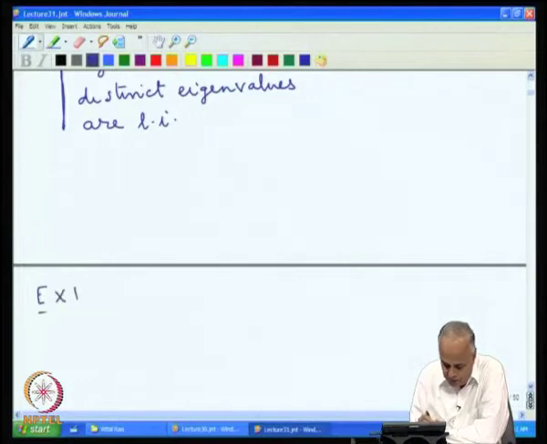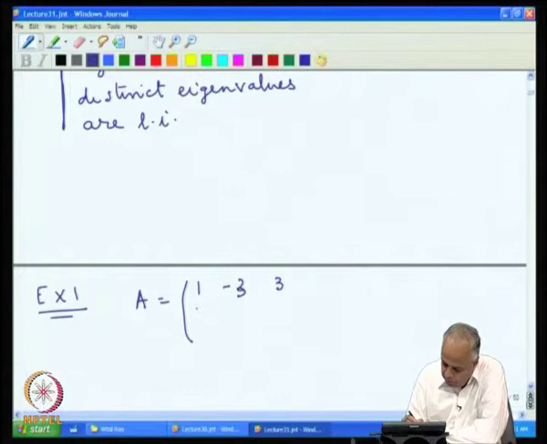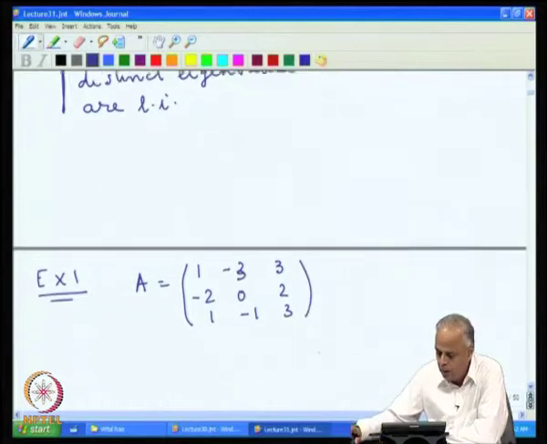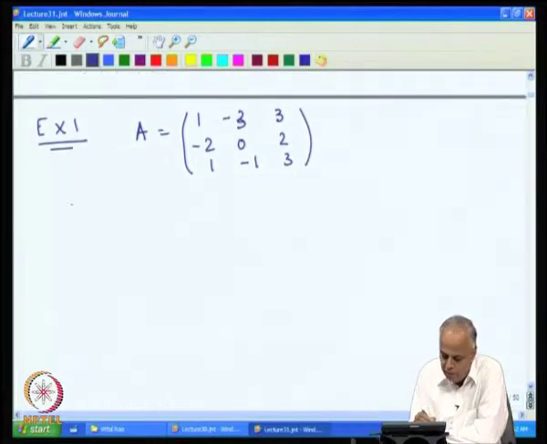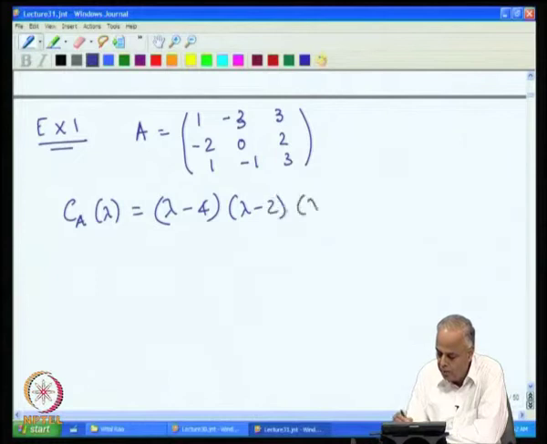Let us look at the first example, the same matrix which we looked at in the last lecture also: 1 minus 3 3, minus 2 0 2, 1 minus 1 3. In the last lecture, we found that the characteristic polynomial was lambda minus 4 into lambda minus 2 into lambda plus 2.